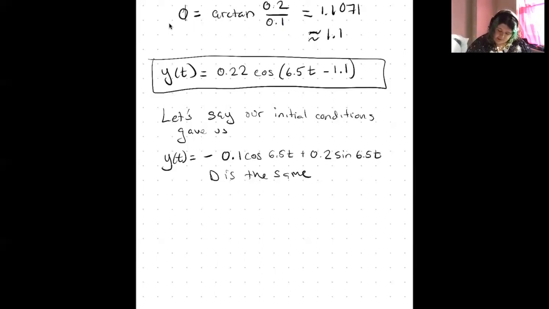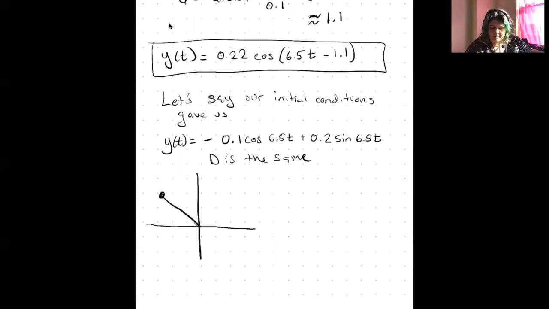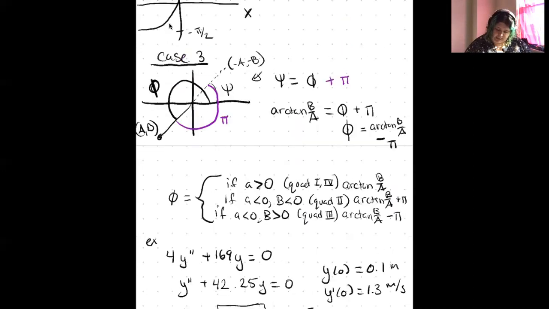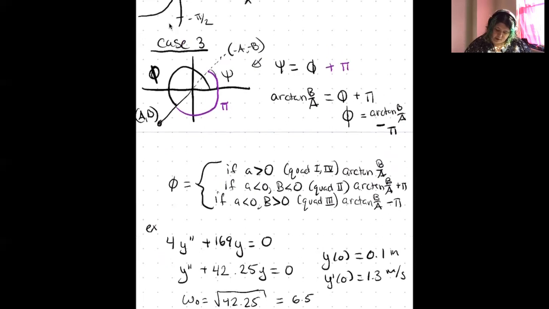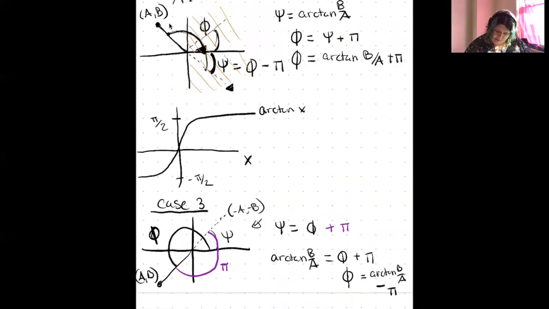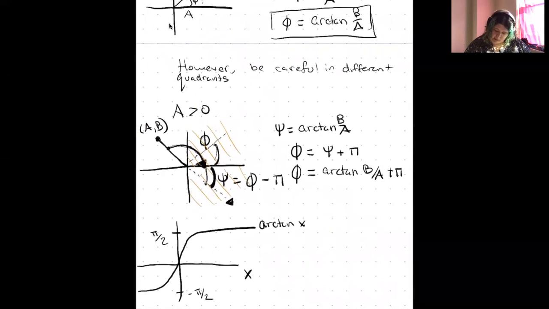Okay, so next we have to think, which quadrant am I in now? If A is negative and B is positive, that means I'm over here. We saw that when we are in that quadrant, when A is negative and B is positive, we end up adding pi.